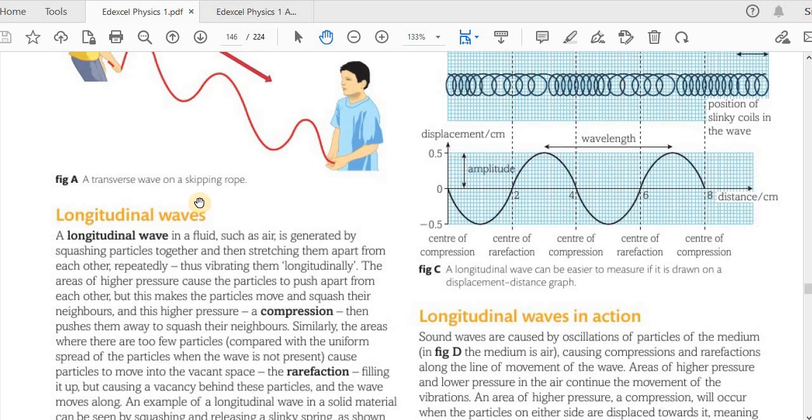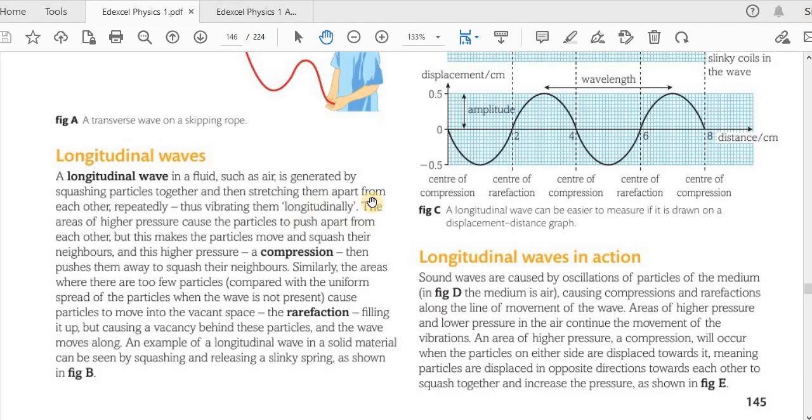A longitudinal wave in a fluid such as air is generated by squashing particles together and then stretching them apart from each other repeatedly, thus vibrating them longitudinally. The areas of higher pressure cause the particles to push apart from each other, but this makes the particles move and squash their neighbors, and this higher pressure, a compression, then pushes them away to squash their neighbors.